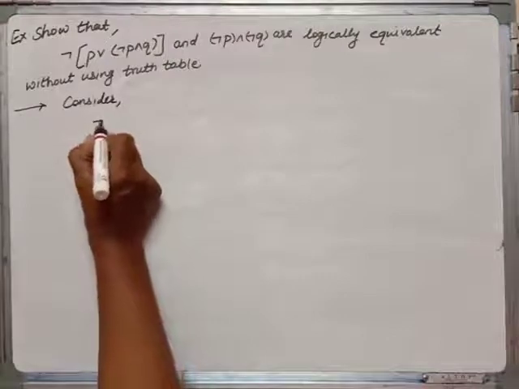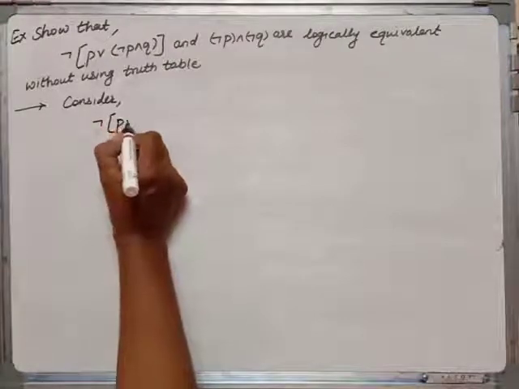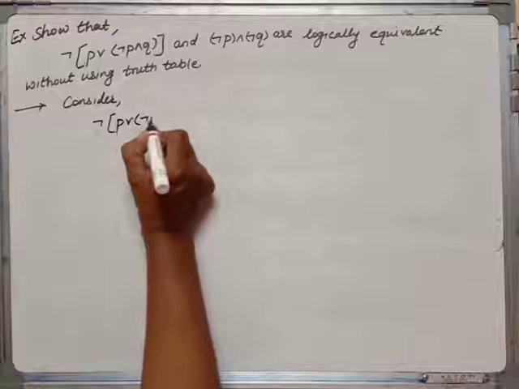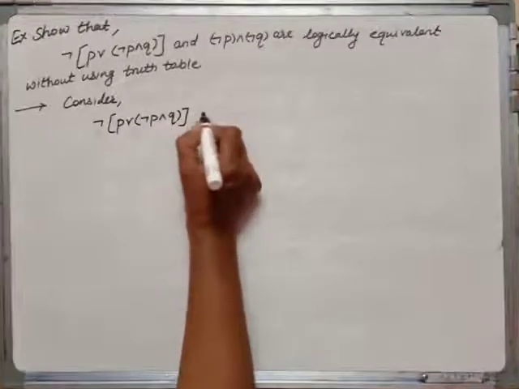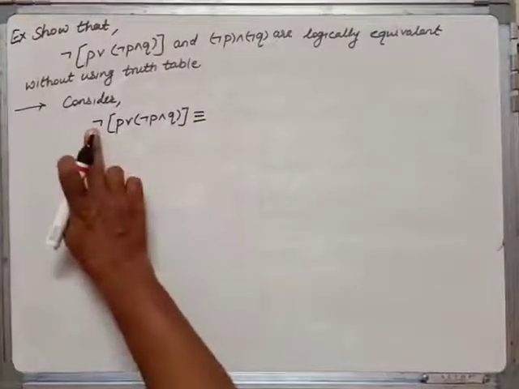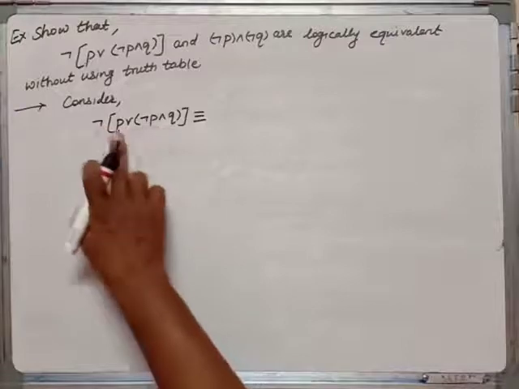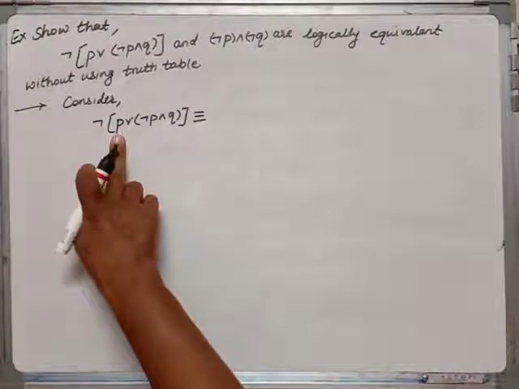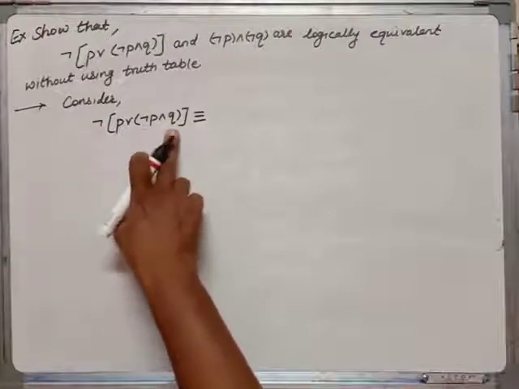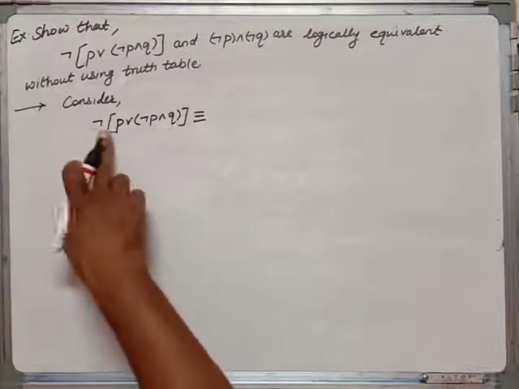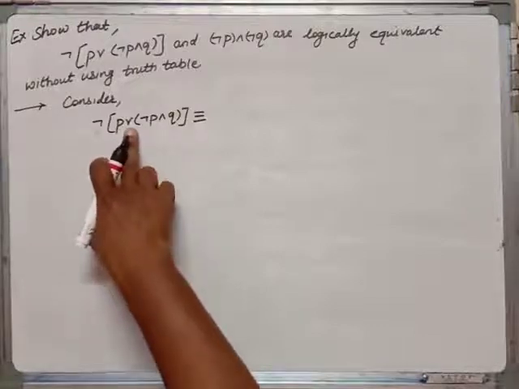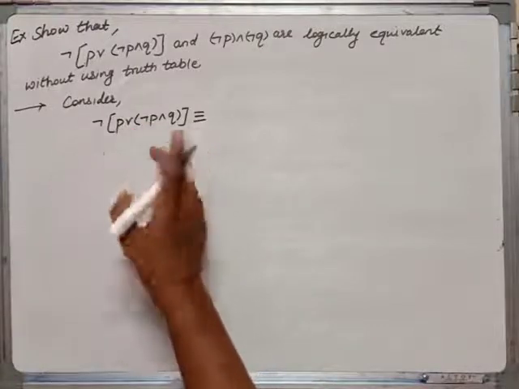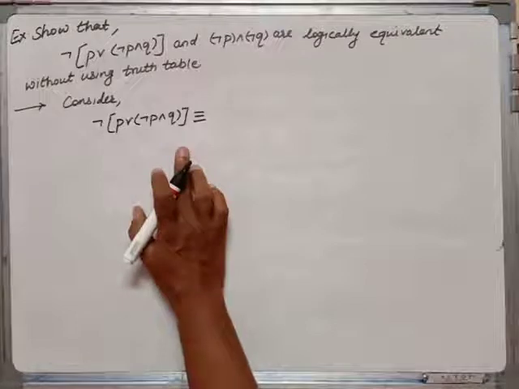Let me consider negation of (P or (negation P and Q)). I can apply this negation on these two propositions. But while applying negation, this or will become and.